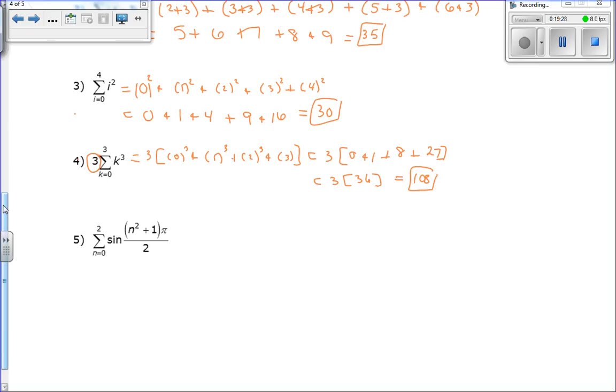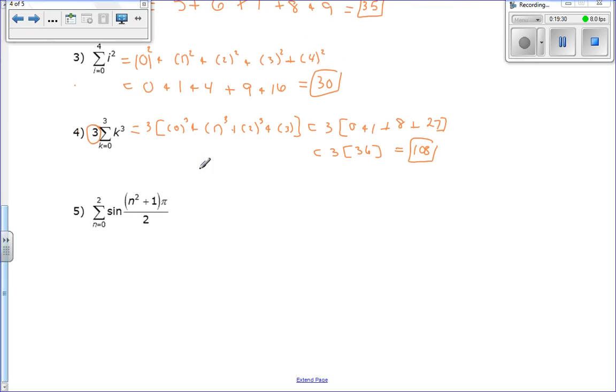Oh, this next one looks like fun. I'm only going from 0 to 2, so I'm not really going that far. I'm going to put in 0, 1, and 2 for n. We have the sine of 0 squared plus 1 pi over 2, plus the sine of... my mistake here, I don't want that line there, because it's the sine of this whole number.